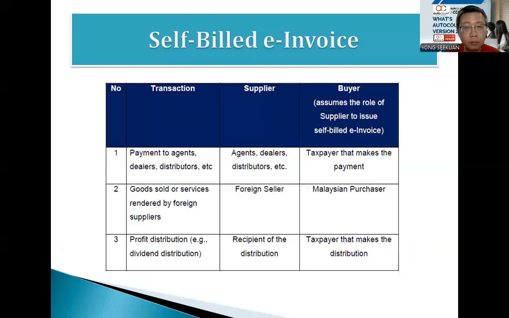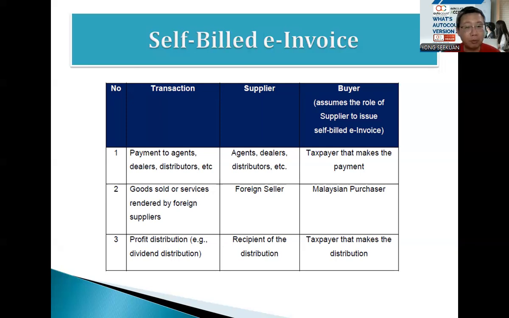So here we have eight scenarios where you need to issue the self-billed e-invoice. First scenario is making payment to an agent, dealer or distributor, not your employee, like an insurance agent.